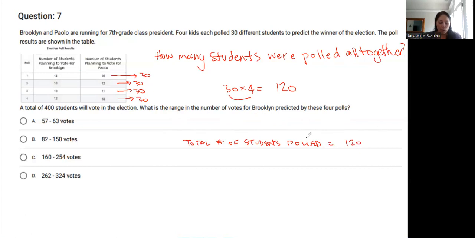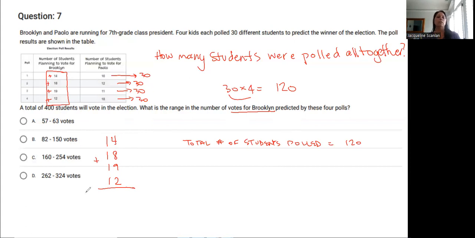And out of that 120, the total number of students that were planning on voting for Brooklyn, I could find by adding together all of those numbers in that column that represents the number of students planning to vote for Brooklyn. So I could take the 14 plus the 18 plus the 19 plus the 12, and add that all together.